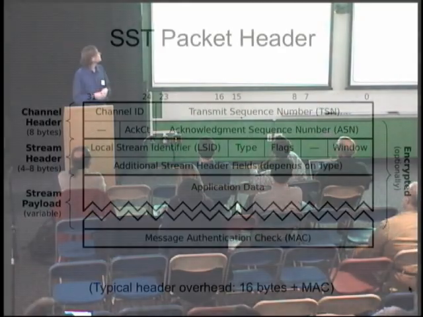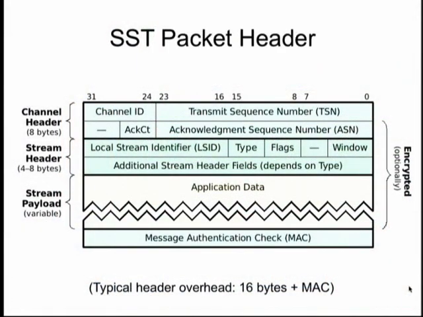So just to provide an idea of sort of the mechanics of what an SST packet looks like on the wire, basically it starts with a channel header, which contains information like identifying the channel, packet sequencing, and acknowledgement information to provide the congestion control support that's implemented in the channel protocol.